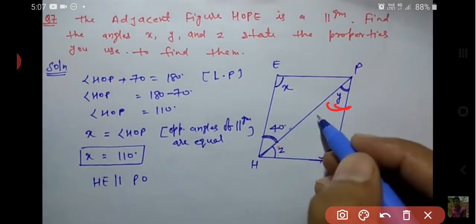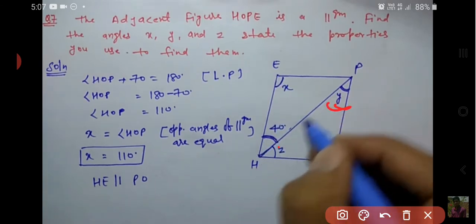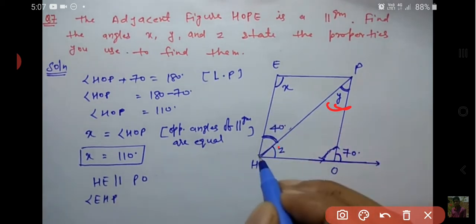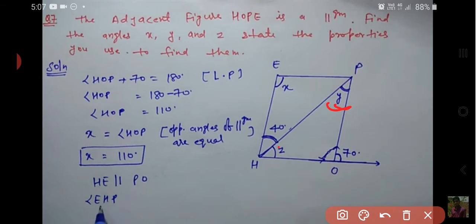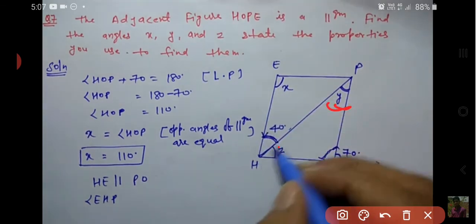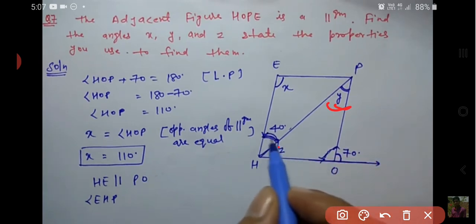So write it down, because in a transversal alternate angles are equal. So if it is 40 degrees, then Y is also 40.